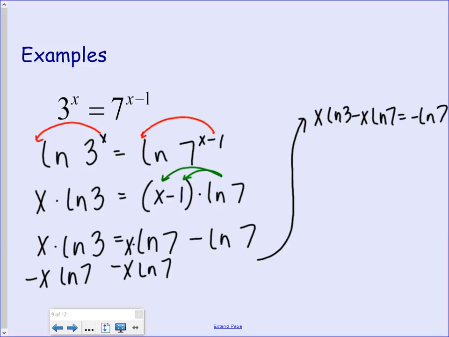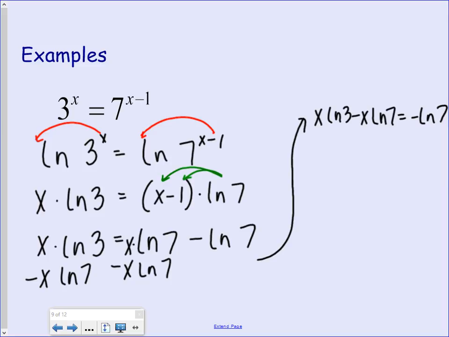Okay, so I have something that looks like x natural log 3 minus x natural log 7 equals negative natural log 7. Think about this in terms of what you know. These natural logs are just decimal numbers, right? So we have a number on the right side, whatever negative natural log 7 is. And then we have some decimal coefficients for our x's.